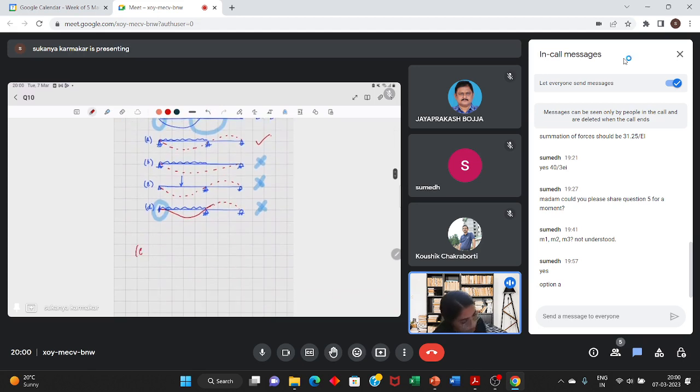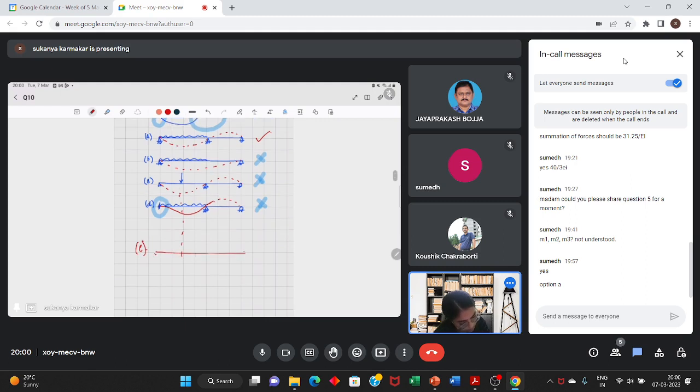For C, the bending moment diagram will be of something of this sort. Since it is a point load, it will be something of this sort. For C, this is the bending moment diagram.